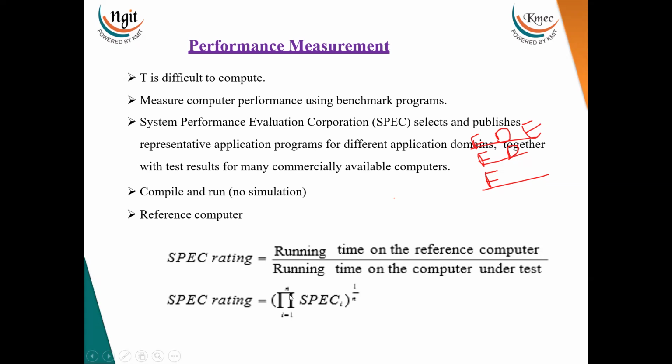SPEC rate is equal to the product for i equal to 1 to n of SPEC_i, whole to the power of 1 by n. By calculating this, we can calculate the SPEC rate. SPEC rate is nothing but a measure of system performance. So like this, we can measure the performance of the system. So with this, we have finished today's topic.